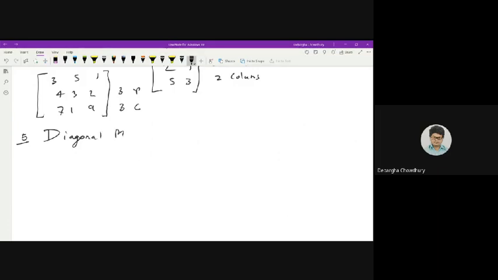A diagonal matrix is a kind of matrix which contains elements only in the diagonals, and the rest of the numbers are zero.